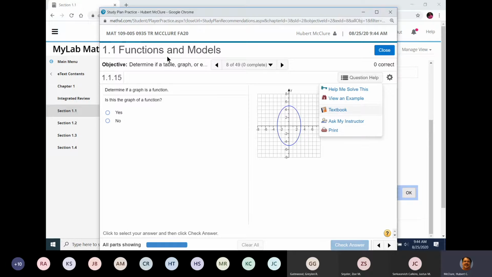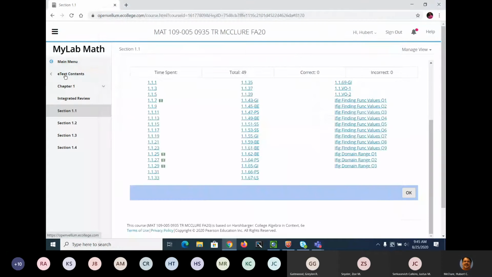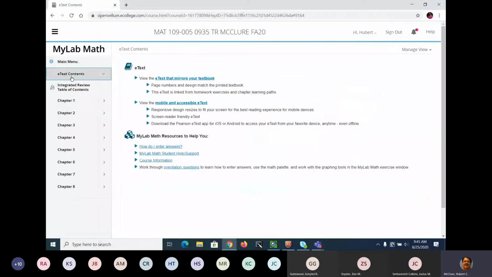Study plan is extra problems for stuff that you really struggle with. Everybody got that? I always show that to my 110, 111, and 109 classes when we go over the review section, because people do forget stuff. And that's why I show you the study plan.